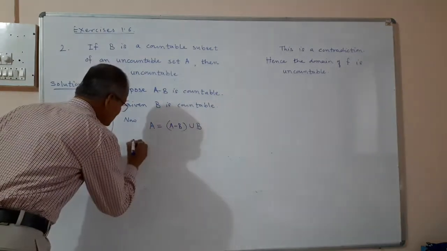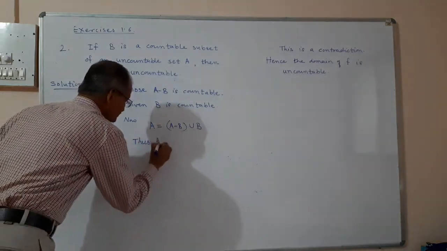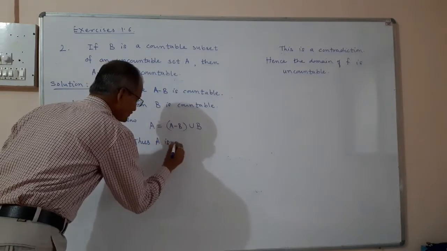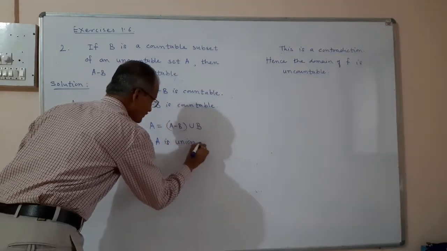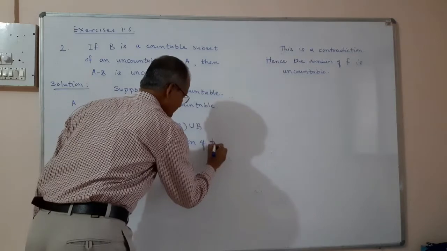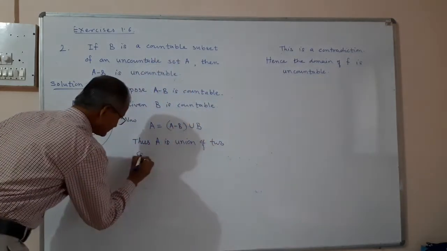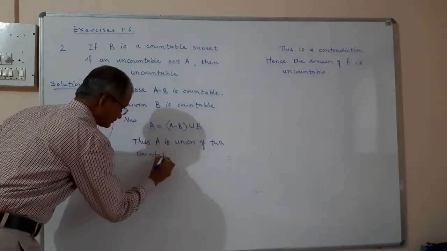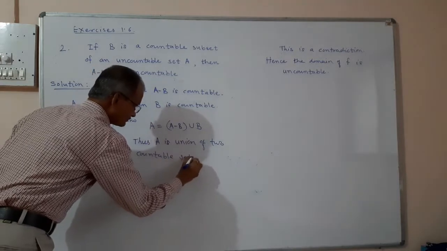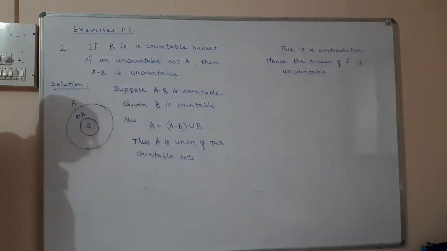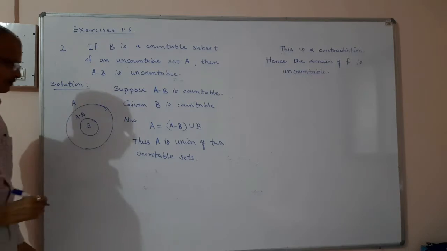So thus A is the union of two countable sets, and therefore A is countable.